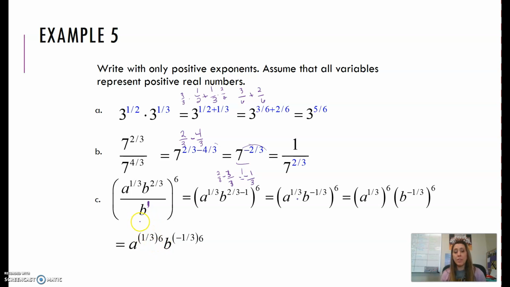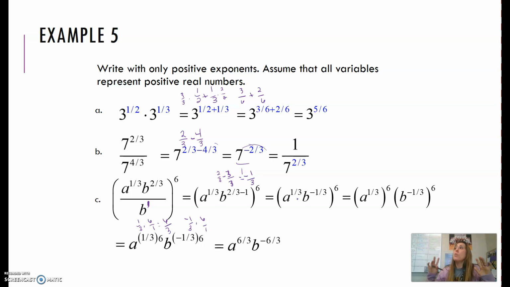So I'm going to have 1/3 times 6/1, and thankfully top times top equals top, so 6, and bottom times bottom equals bottom, over 3. And I'm going to do the same thing for the b. So I have negative 1/3 times 6/1, and top times top equals top, bottom times bottom equals bottom. So now I have a to the 6/3 times b to the negative 6/3.